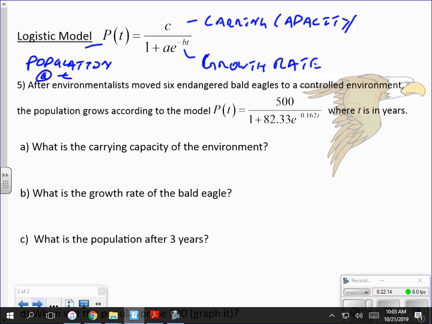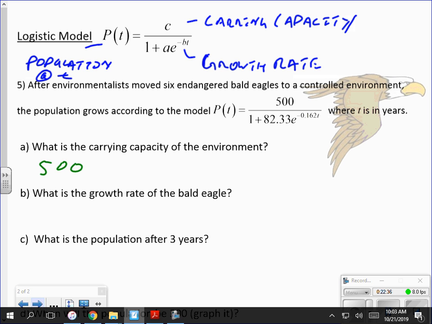Bald eagles generally don't have a lot of predators, but other animals might. Competition for food. Lots of different things. Everybody has this majestic image of the bald eagle, and bald eagles, don't get me wrong, are extremely majestic, but they eat crap. So our carrying capacity is 500.